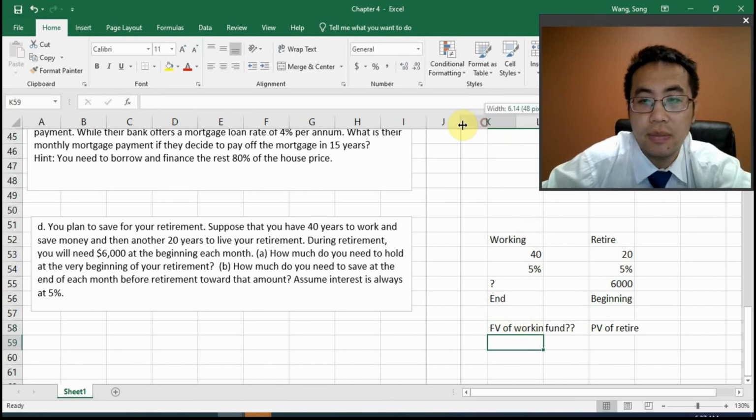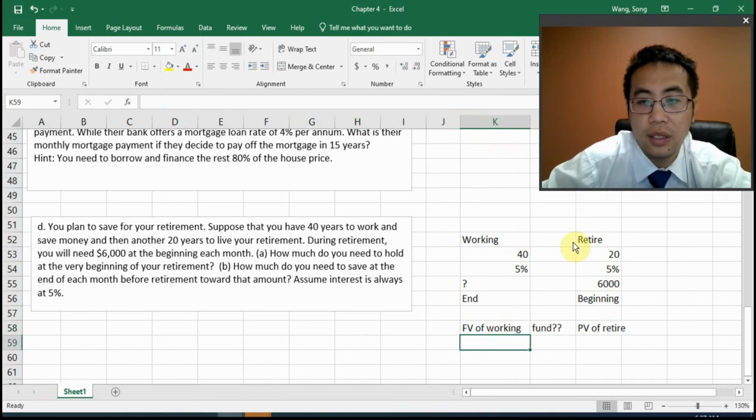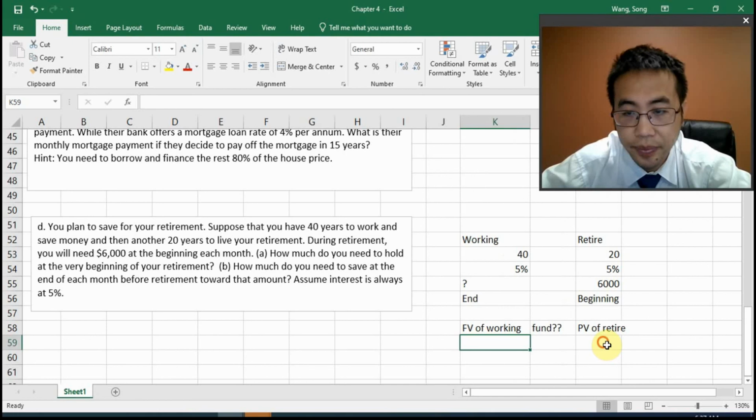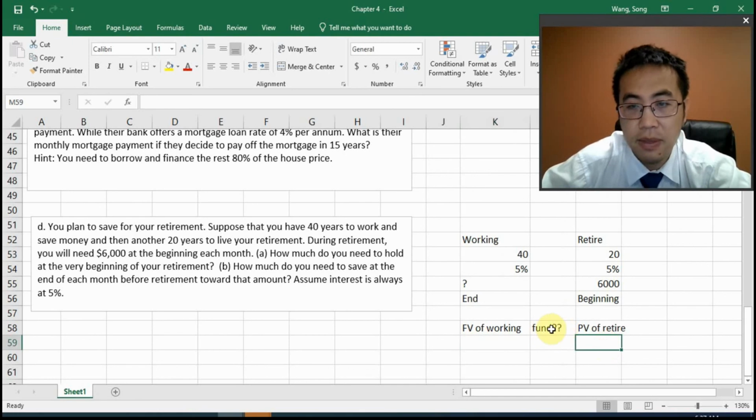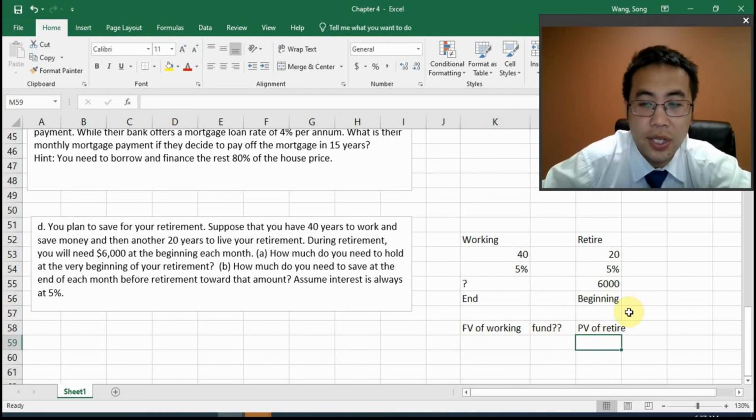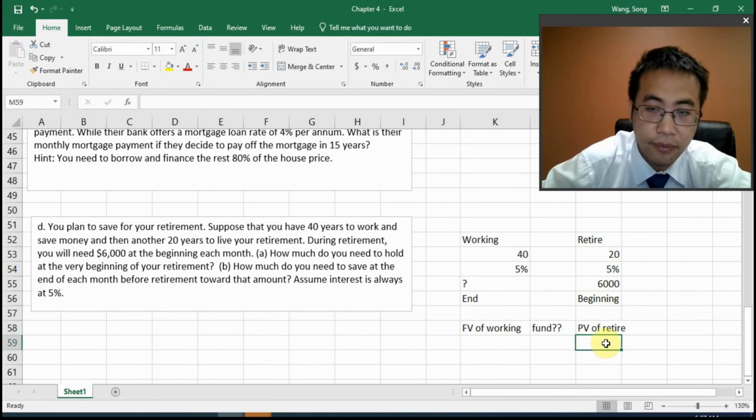Just to try to explain that, we're talking about the same lump sum money, which is your total retirement fund right at the beginning of retirement, or your total saving for 40 years.